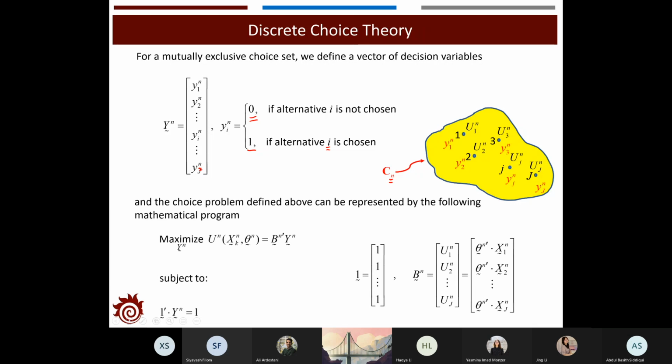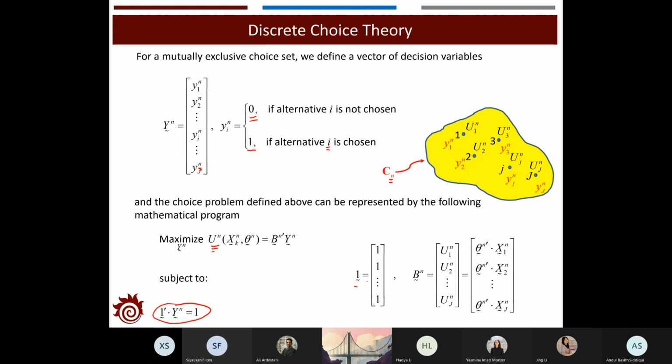And regarding the choice problem, for each individual, we want to choose the one which can help you maximize the utility. So the one you're going to choose will always have the highest utility based on the linear function you defined. And it's subject to the constraint that each individual can only choose one alternative or one transportation mode. And that gives you the optimization problem for the discrete choice theory.